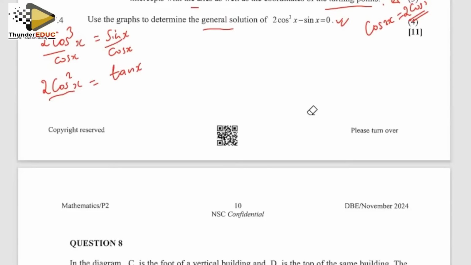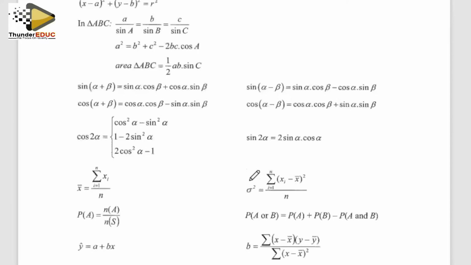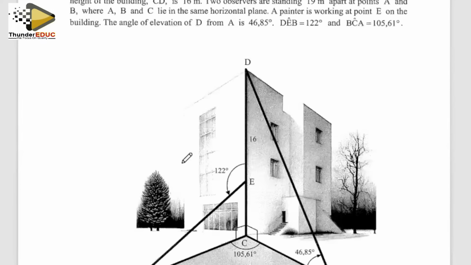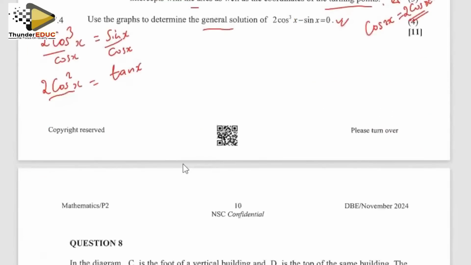This is supposed to be minus: 2 cos squared x minus 1. We can confirm that. 2 cos squared x minus 1. Perfect. Then if we move the one that side, it's going to give us the cos 2x plus 1 is equal to 2 cos squared x. So I'm replacing this whole thing by the cos 2x plus 1 is equal to the tan of x.